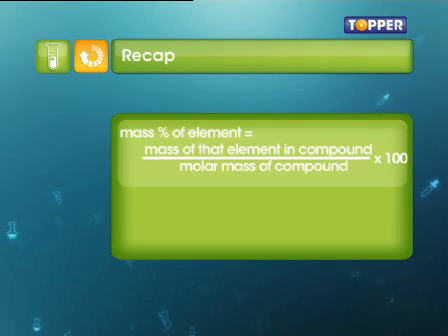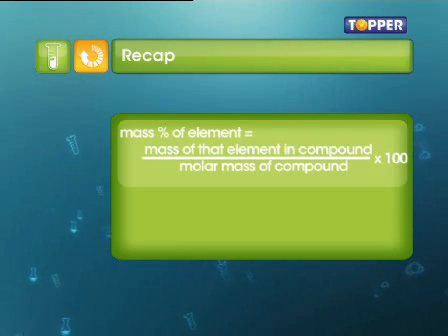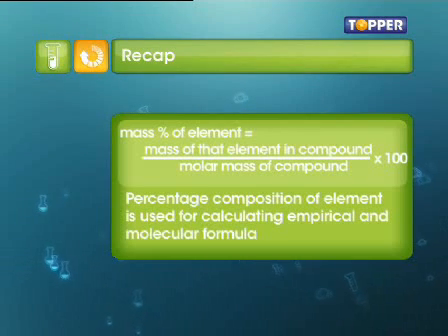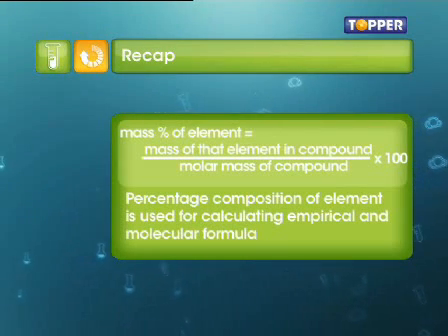Percentage of element is equal to mass of that element in the compound multiplied by 100 divided by the molar mass of the compound. Percentage is used for calculating empirical formula and molecular formula.